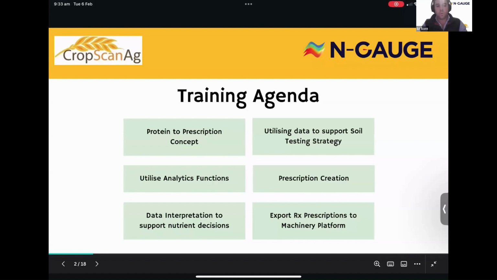How can we bring that to all users? That covers data interpretation and supporting nutrient decisions, utilizing the data to support soil testing strategy, which is a key piece of the learning puzzle as growers get their heads around how this layer fits into their overall management, then the prescription creation, and the exporting of that prescription.